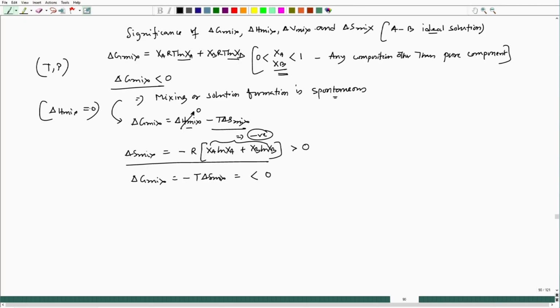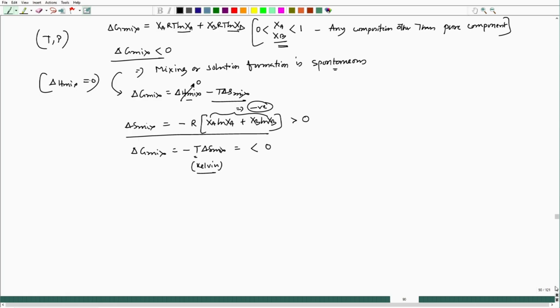So, delta G mix is always negative, because T is in Kelvin. For any non-zero value of T, from 0 Kelvin and above, we will always have delta G mix negative. That means mixing or solution formation is spontaneous in case of ideal solution.